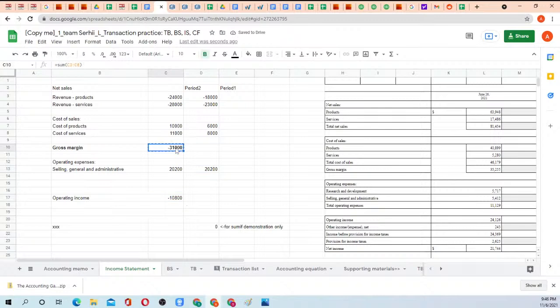So I can copy subtotals here and subtotals here, and then I can copy everything here, and it failed. Why did it fail? Because I didn't fix the dollar sign here. It didn't work without some dollars. And I want to fix column B here. Okay.